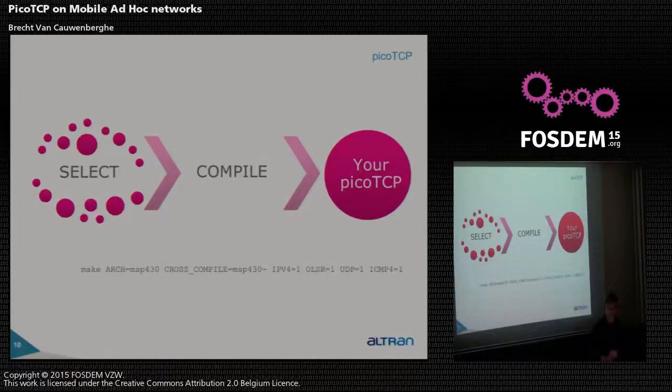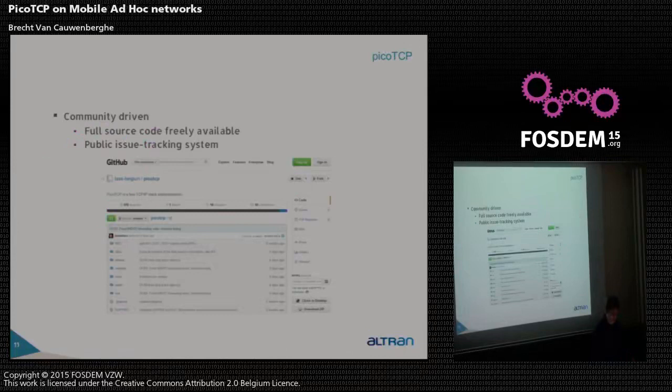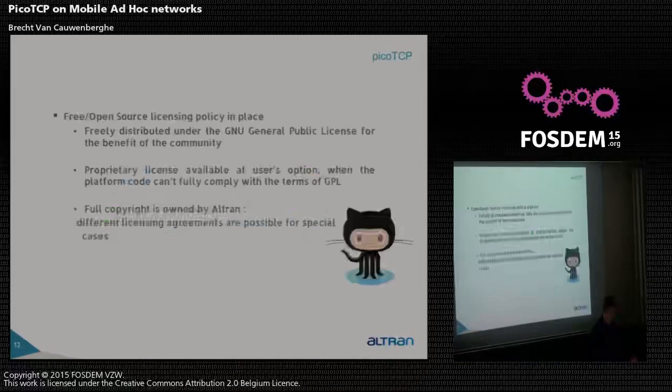So you just select your architecture, your cross compiler, and the specific protocols we provide to have it compiled in your library. Okay, so if you want to check out this code, it's all publicly available on GitHub. You can just watch it at tasbelgium/github/picotcp and ask any questions there if you would have them.